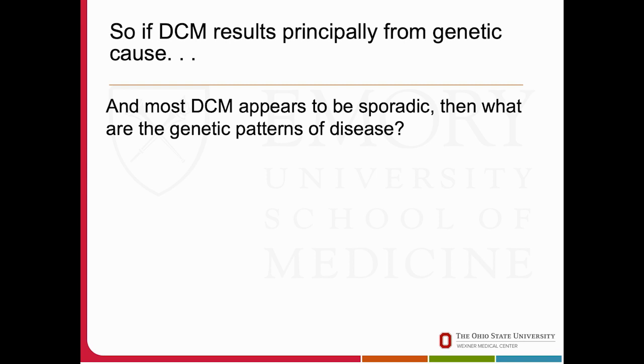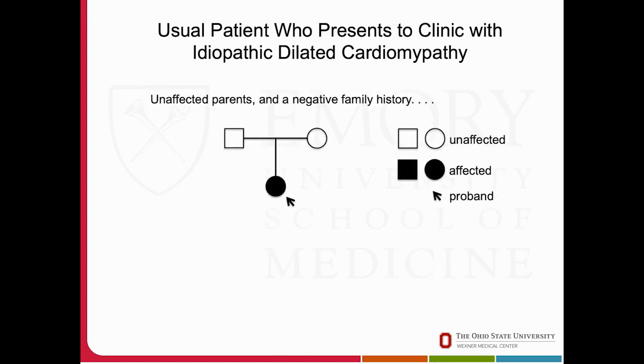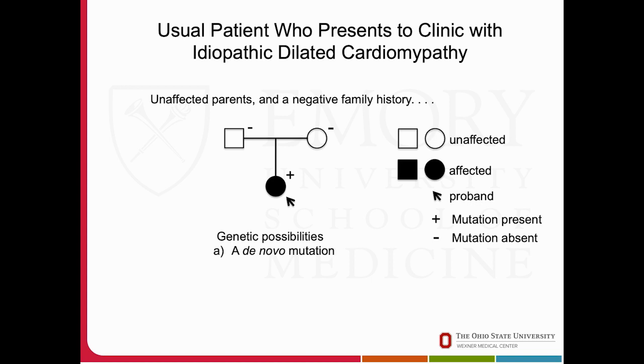So if DCM results principally from genetic cause, and most of it appears to be sporadic, then what are the genetic patterns of disease? So the usual patient that presents looks like this, where the black is affected and the white is unaffected, and the parents are alive and doing well, and the subject comes in and they have dilated cardiomyopathy, and we're saying that's genetic or heritable. Well, the possibilities are that it's a de novo mutation, started with the subject, but the parents don't have it.